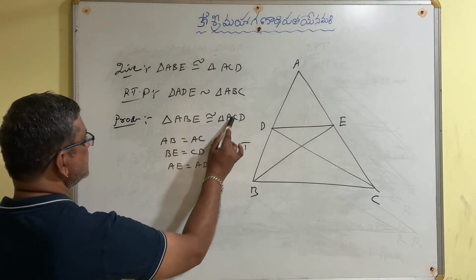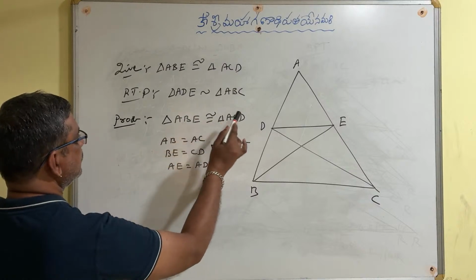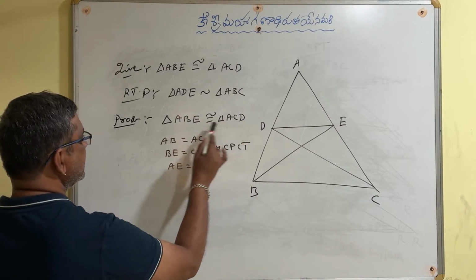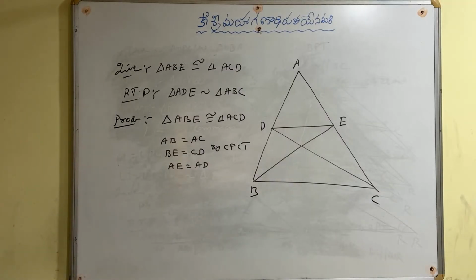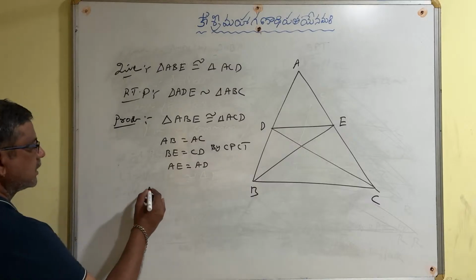AB is equal to AC, BE is equal to CD, and AE is equal to AD by CPCT. Since triangle ABE and ACD are congruent, by CPCT we can write AB equals AC, BE equals CD and AE equals AD. Okay?